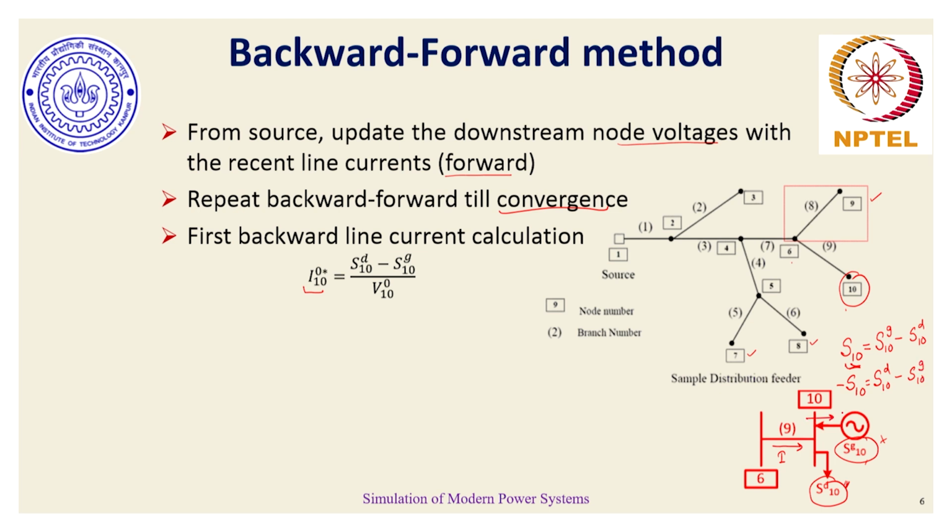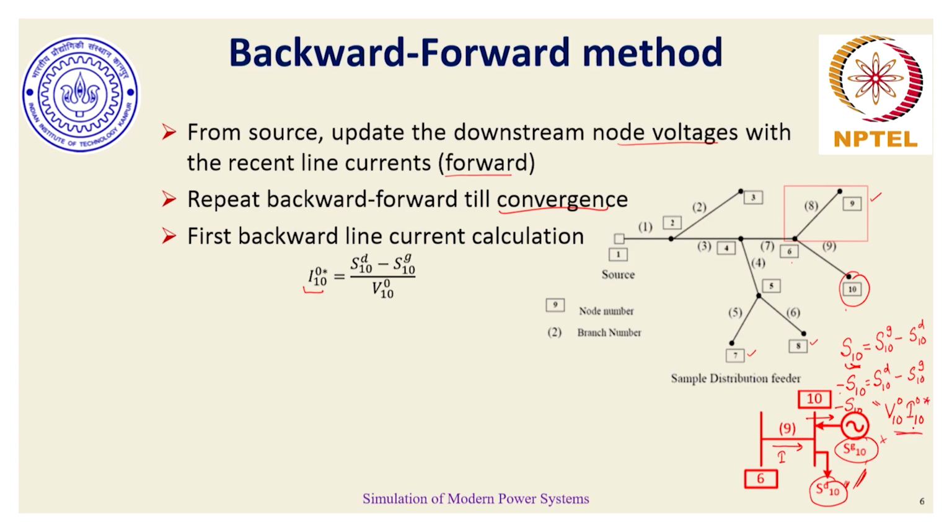Minus S10 is the power which is flowing from the network to bus 10, so that the difference between demand and generation is met. This should also be equal to whatever voltage has been chosen at bus number 10 multiplied by the corresponding current at bus number 10 with a conjugate.